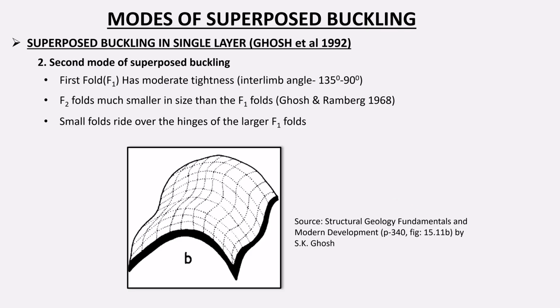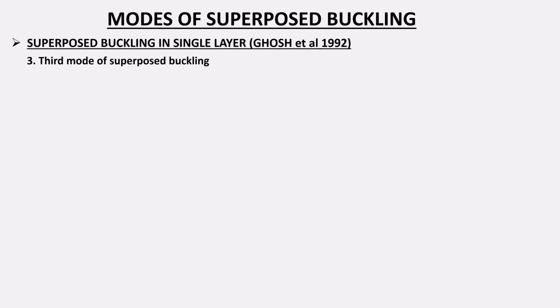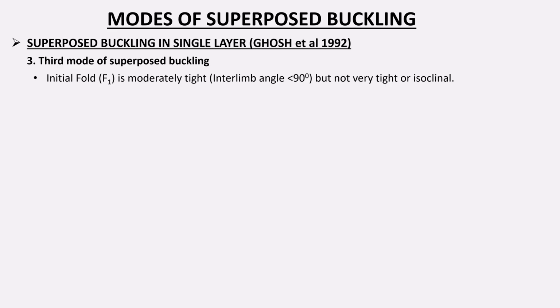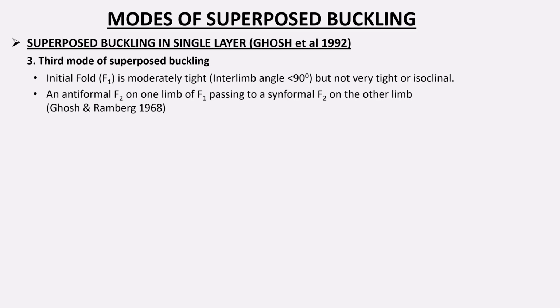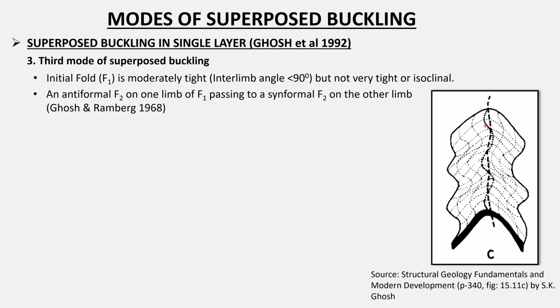The third mode of folding basically happens when the initial fold is moderately tight, with interlimb angle less than 90 degrees, but it is not very tight or isoclinal. And if you see the picture, here is the third type of superimposed buckling.